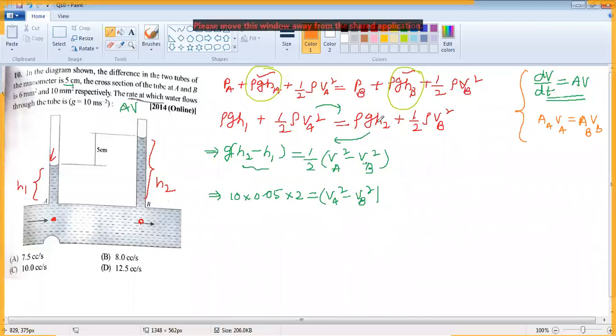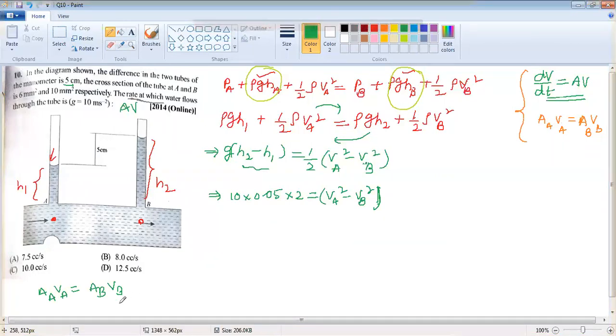Here VA and VB are two parameters. By using the equation of continuity, area at A, speed at A is equal to area at B, speed at B. We can convert anyway. Either we can change velocity of A or velocity of B, your wish.